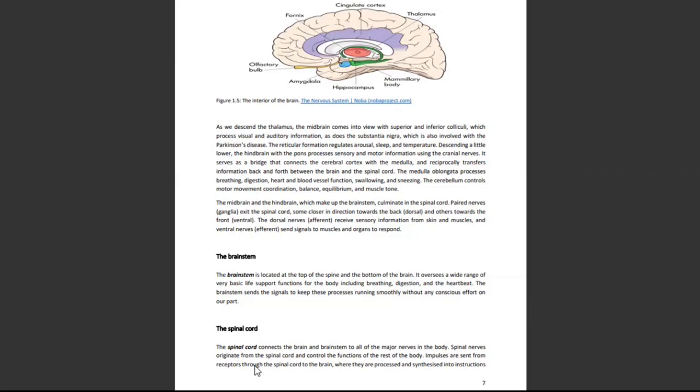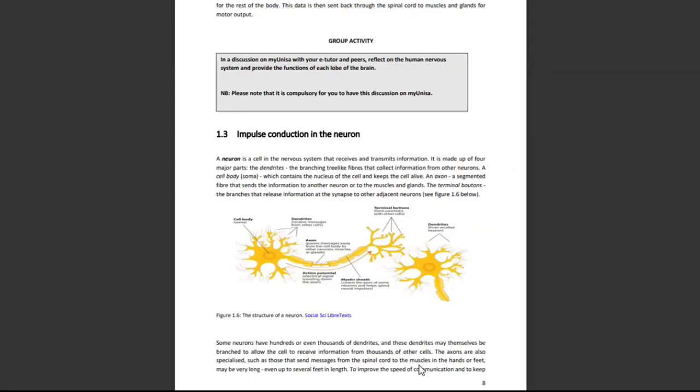Impulses are sent from the receptor through the spinal cord to the brain, where they are processed and synthesized into instructions for the rest of the body. This data is then sent back through the spinal cord to the muscles and glands for functioning. So you see, it's clear.